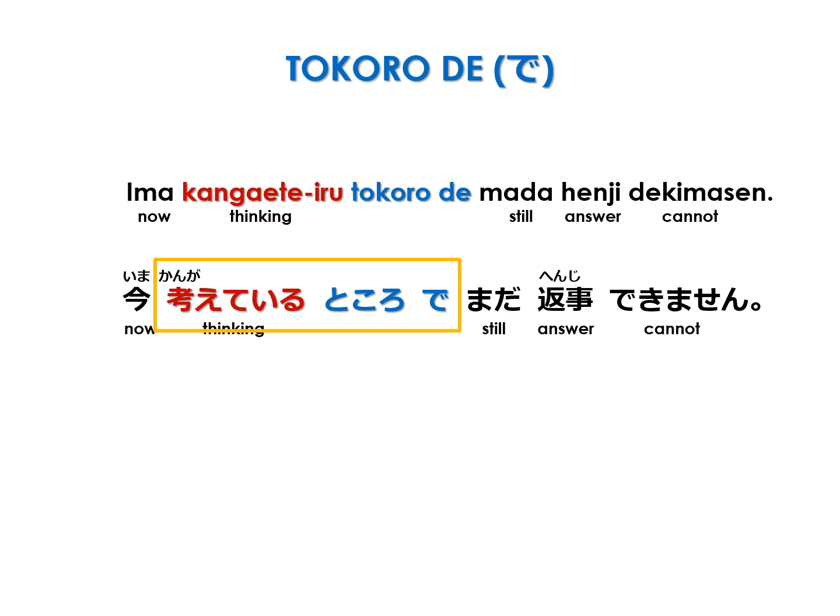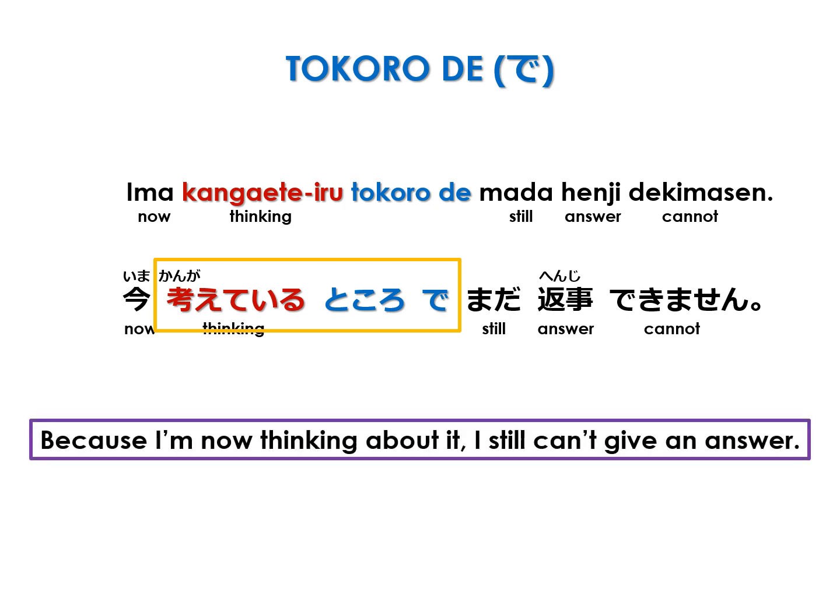Kangaeteiru tokoro here means in the process of thinking, and the particle de indicates where you are now in the process of giving an answer. It's not a physical location, but an abstract location. It also indicates reason. So roughly, the sentence translates to, because I'm in the process of thinking about it, I still can't give you an answer.